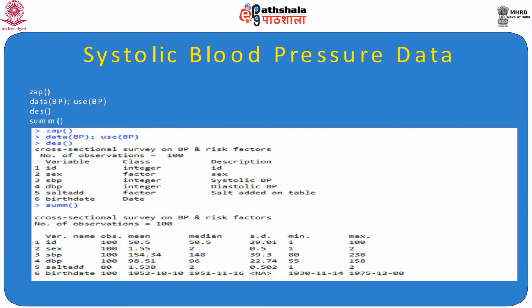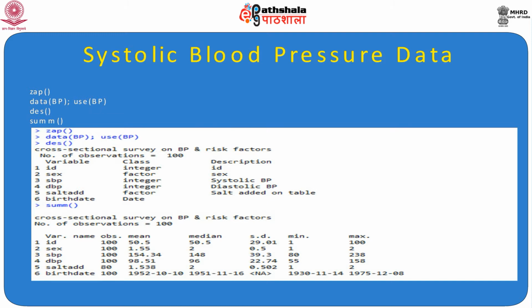So here all these variables have 100 observations each, and ID started from 1 to 100, because there is no meaning in considering mean, median and standard error for ID. Sex is also an integer factor variable, so there is no meaning in considering the mean and median value for sex also. It is coded as 1 and 2.